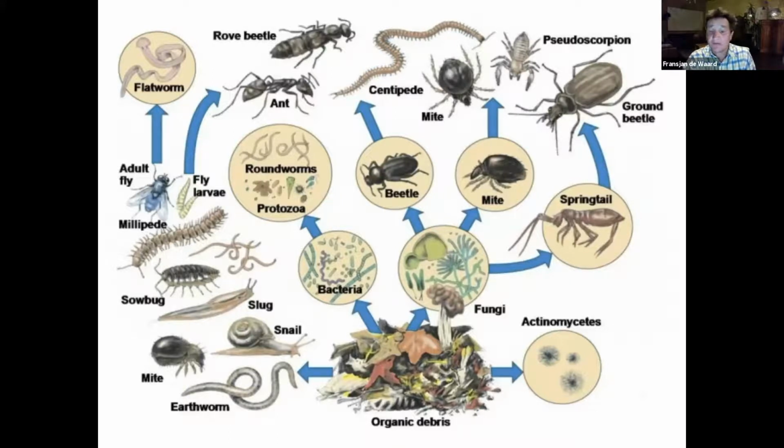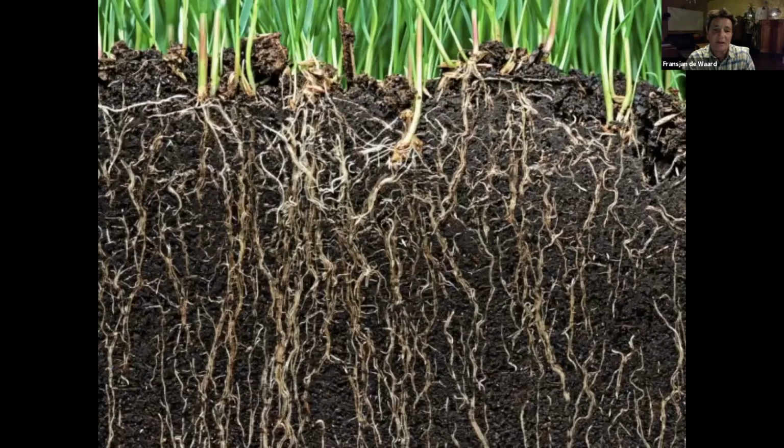Soil life is also, in that sense, the key to fertility as such, because you may have minerals in your soil, but if you don't have the soil life, they will not get to your plant, and they will not exchange as much. So this is really where it happens, in the interaction between roots and soil particles and the soil life that you cannot individually see on a picture like this.